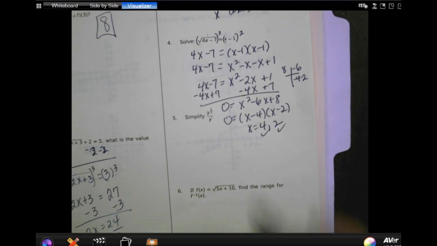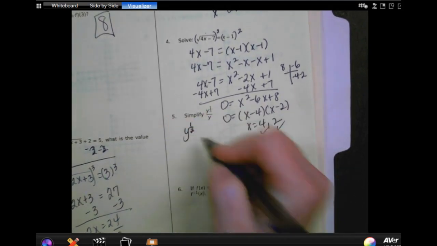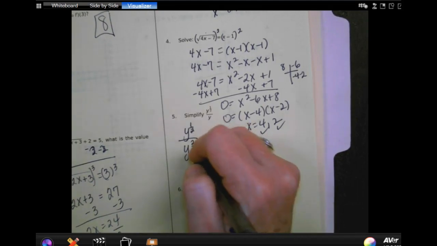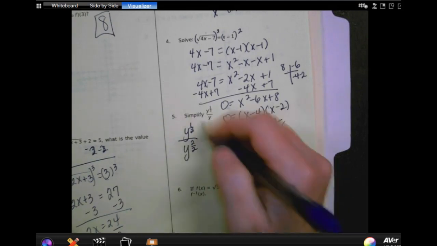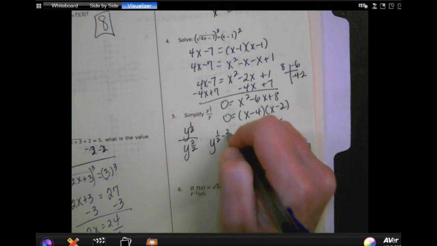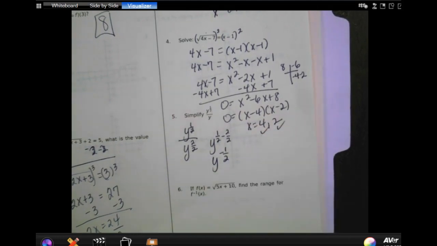So when I simplify this, I have y to the 1/2, and then on bottom I have y, and it's y to the 1, correct? But I had to have common denominators to subtract, so I make my 1 into 2 over 2. So when I subtract, I get y to the 1/2 minus 2 over 2, which is y to the negative 1/2.